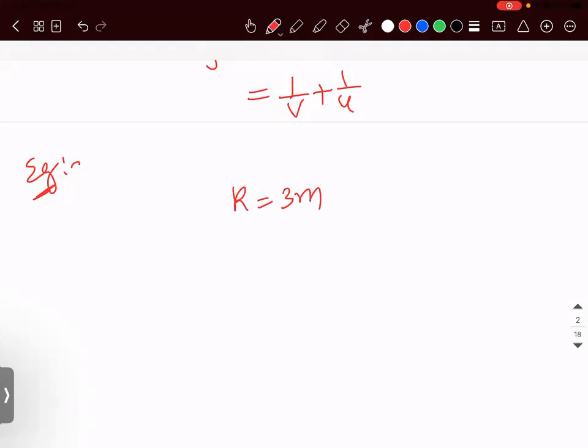Do you want me to read it again or what you are asking? That example 10.1. Okay, no need to see it. If you see it, just copy it. Example 10.1.